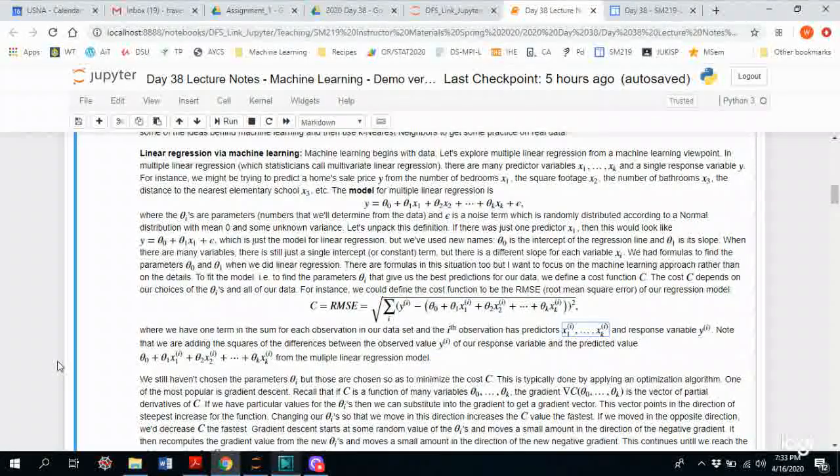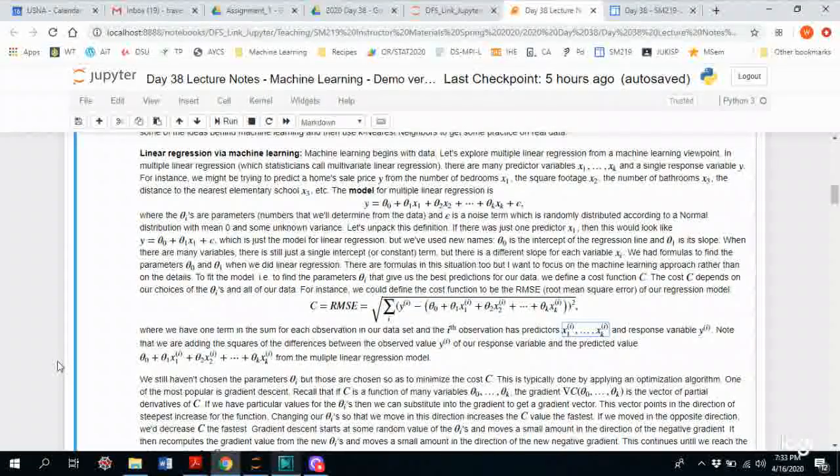If there was just one predictor, x1, then this would look like y equals theta naught plus theta 1 times x1 plus epsilon. And that's just the model for linear regression that we studied before. But this time we've used new names. Instead of using m for the slope, we called it theta 1.